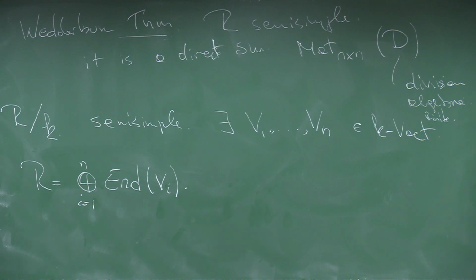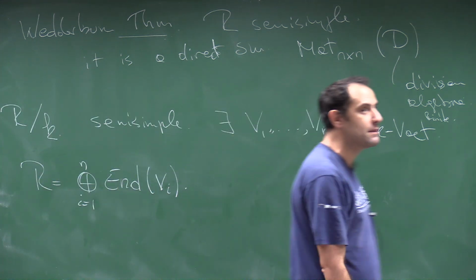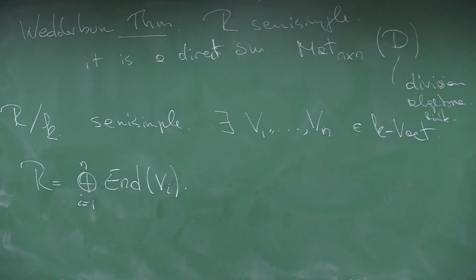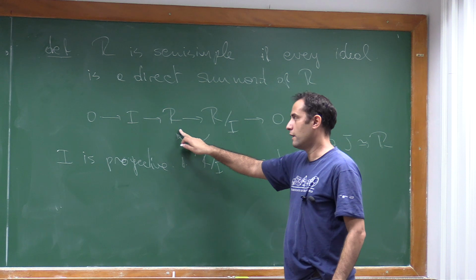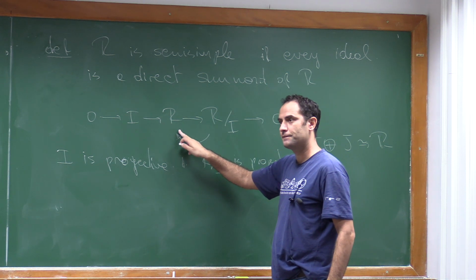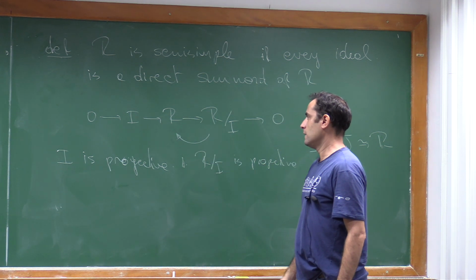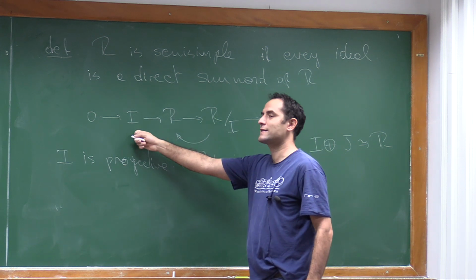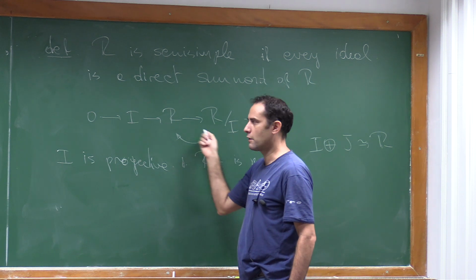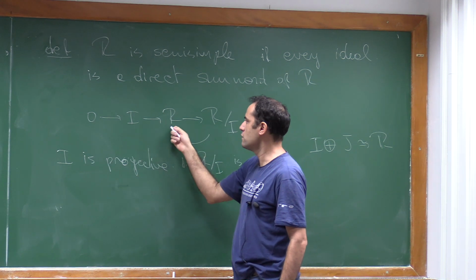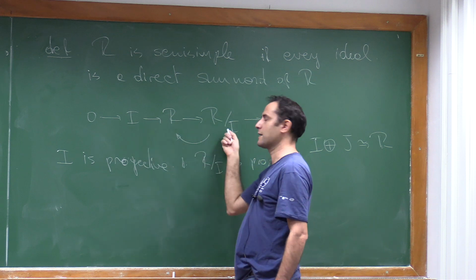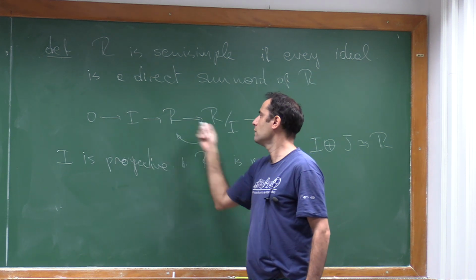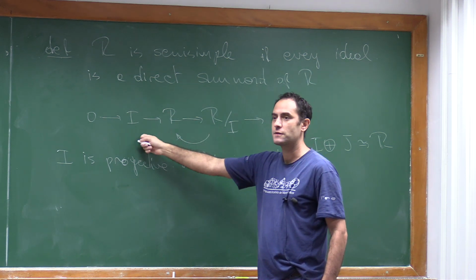Now, in general, if R is semi-simple and every ideal is a direct summand of R, then R decomposes as a direct sum of ideals. For every ideal I, you write R as I plus something else, and now just decompose each one of these two pieces.